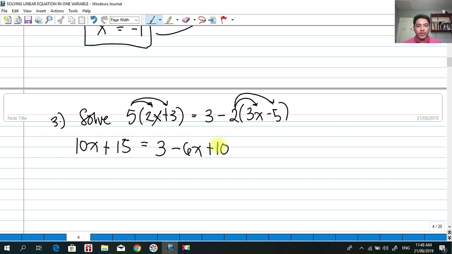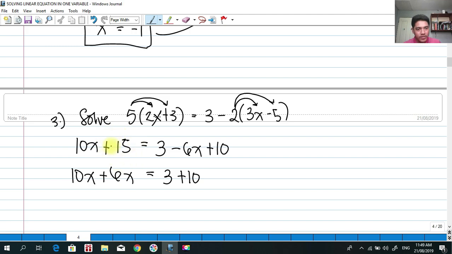Okay, combining like terms again. So on the left side, let's try to group the coefficients with variables. So we have 10x. We have to transpose this on the other side. So this would become 6x is equals to 3 plus 10.